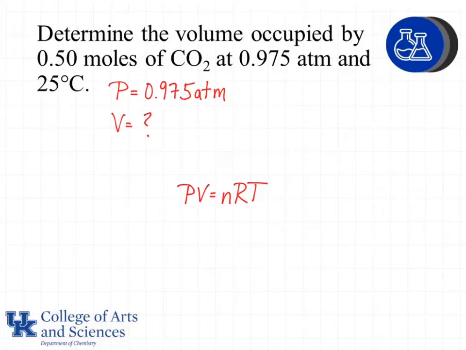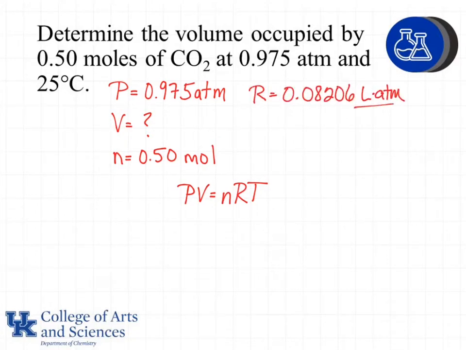The volume is not given. This is what's being asked for in the problem, so we indicate that with a question mark. N is 0.50 moles. R is our ideal gas constant, 0.08206 liters atmosphere per mole Kelvin. And the temperature is 25 degrees Celsius, but remember we cannot leave it in units of Celsius. We have to convert it to Kelvin, so we add 273 and get 298 Kelvin.